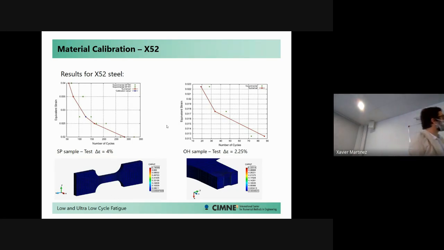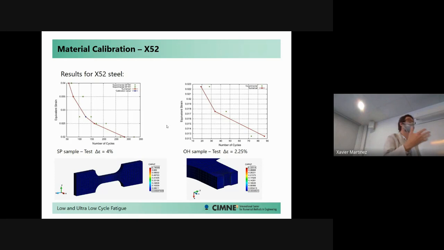And if we apply the results not to this specimen here, but to what is called the OH sample, that has a hole in the middle, so it has some stress concentrations, again the results that we are obtaining are pretty good. And the material parameters are exactly the same for all these models.